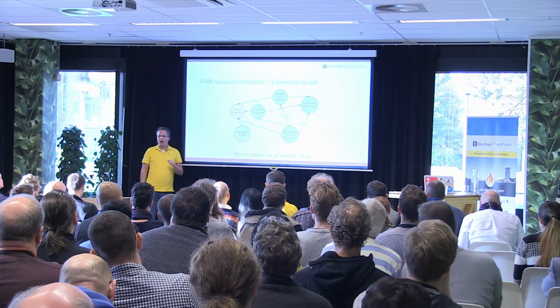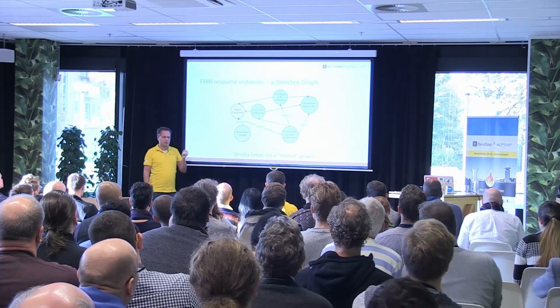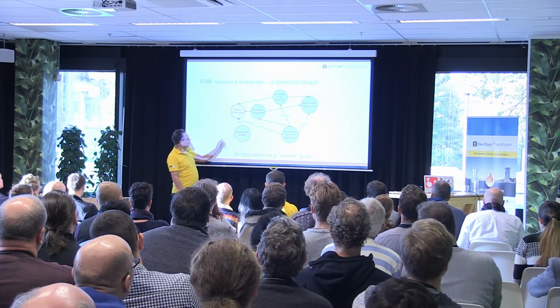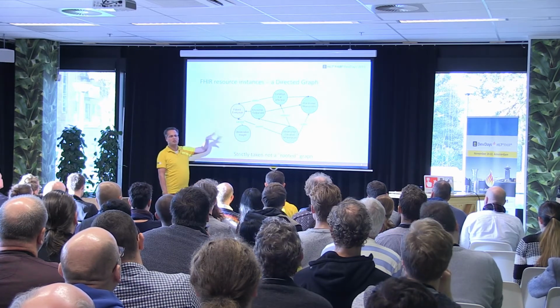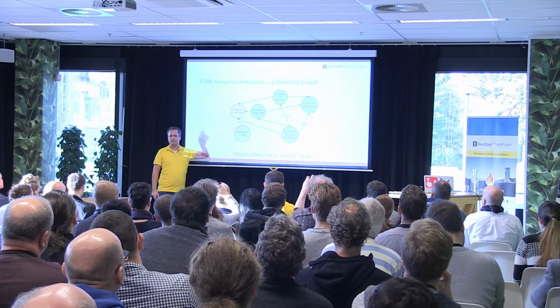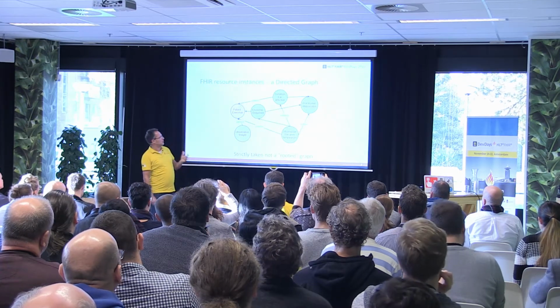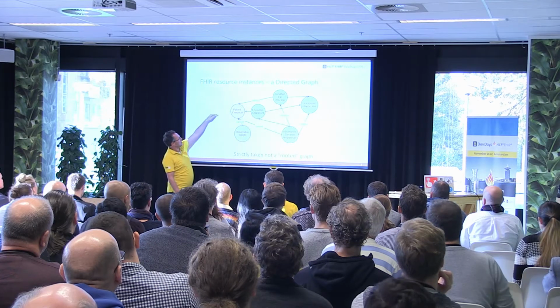First, a graph. This is an instance graph, which in this presentation we're going to denote by having circles. So these are FHIR resources that have references. It's a directed graph, and if we look at this, it has a root.